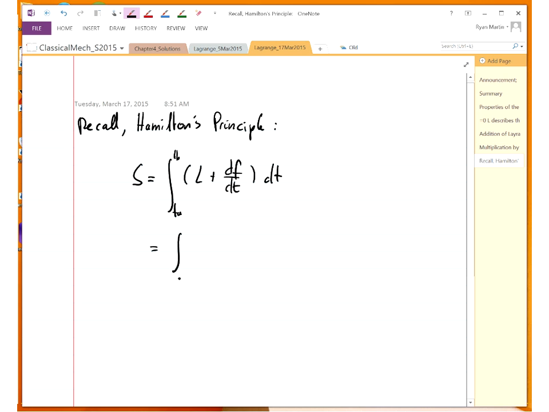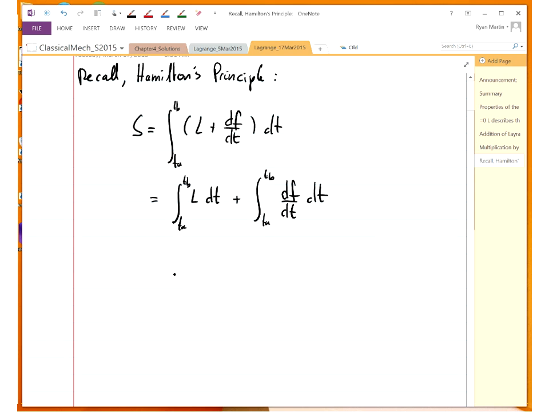Well, it's the integral of the sum, so it's the sum of the integrals. Now the first term is just the action that we're used to.